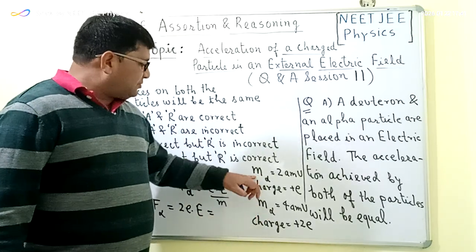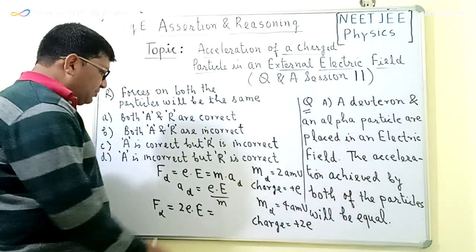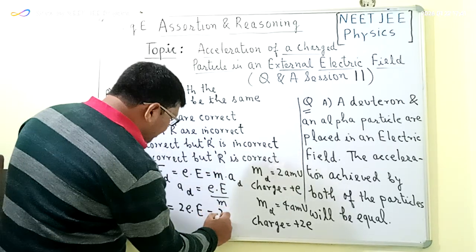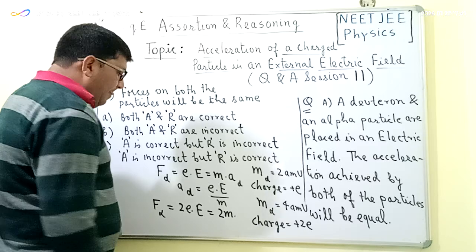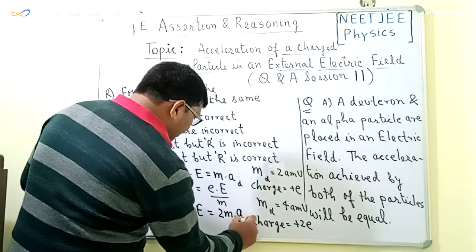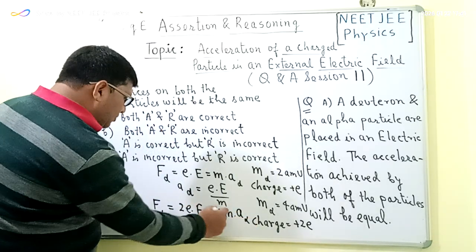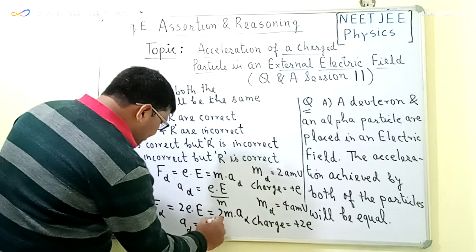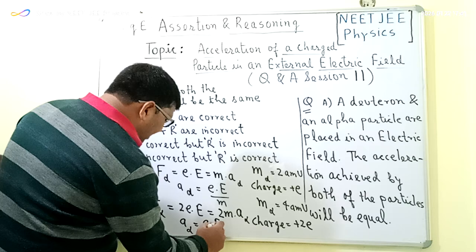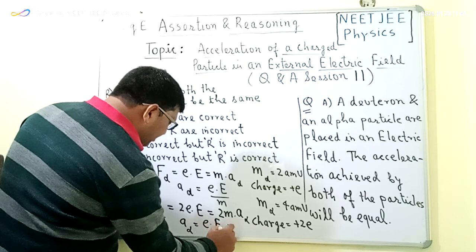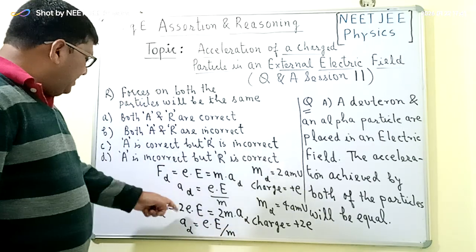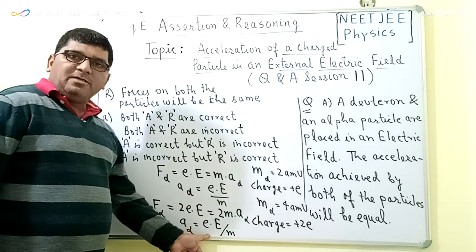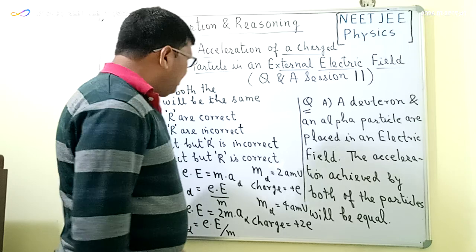The mass of the alpha particle is 2 times the mass of the deuteron. So if the mass of the deuteron is small m, then the mass of the alpha particle will be 2m. From here, the 2 and 2 will get cancelled out. So the acceleration of the alpha particle will be equal to small e multiplied by capital E divided by small m. So we can see that the acceleration of the deuteron and the acceleration of the alpha particle are equal. So the assertion is correct.